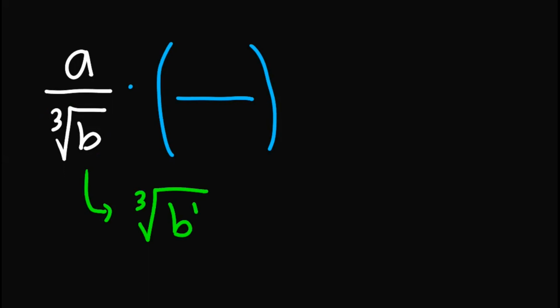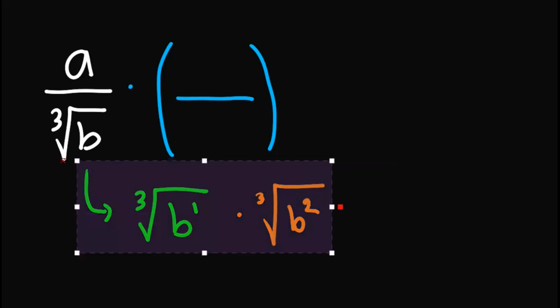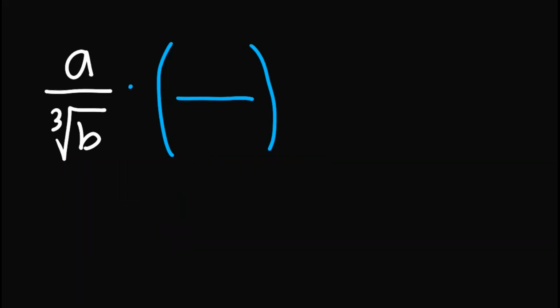So again, by the first law, we need to make this one be 3. So how do we do that? We multiply the cube root of b squared. So we'll have out here the cube root of b squared times the cube root of b squared.